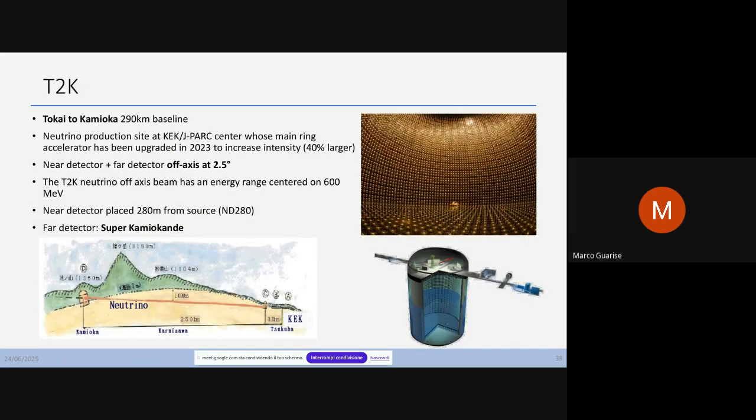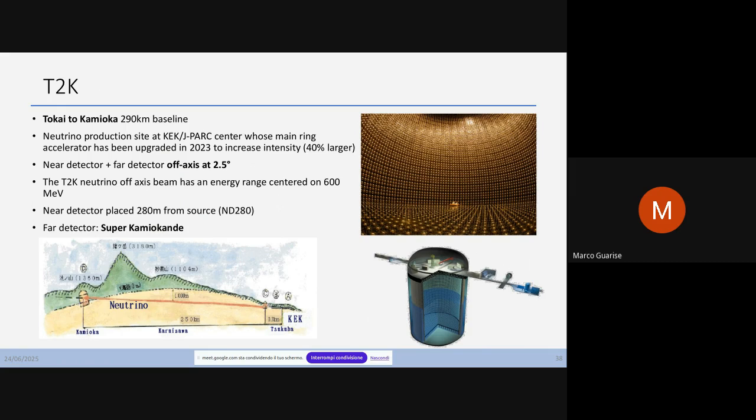Instead, moving to the other large experiment that exploits neutrinos from an accelerator, in Japan we have T2K, which stands for Tokai to Kamioka. Tokai is the place where neutrinos are produced in the J-PARC accelerator, and Kamioka is the far detector mine, more or less 300 kilometers distant.